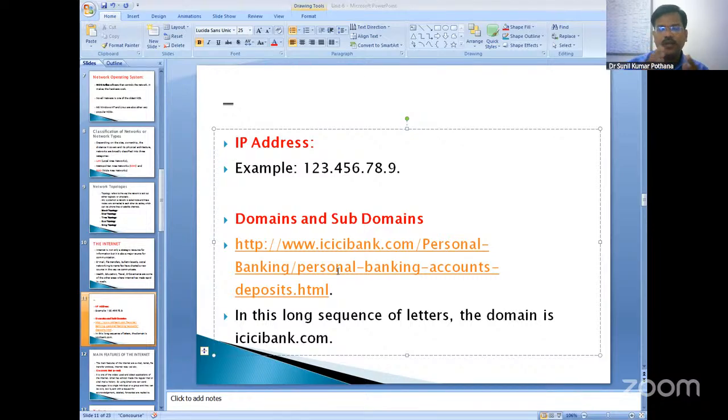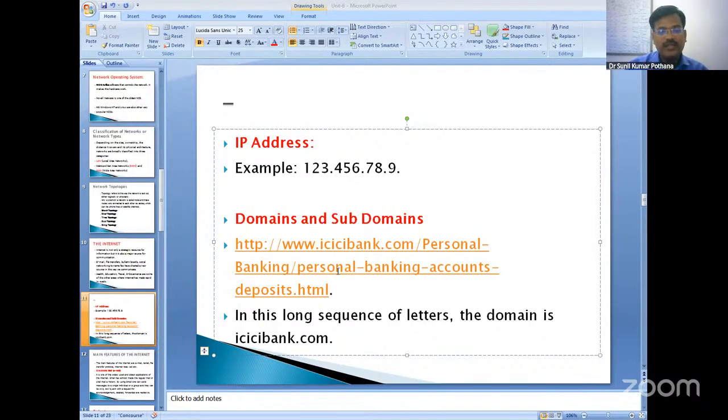Here we need to know about the host name. Since it is difficult to remember the numeric addresses, a simple user-friendly name is given to each host or computer on the internet. This is called the host name. The host name consists of several words separated by periods as defined in the domain name service, DNS.